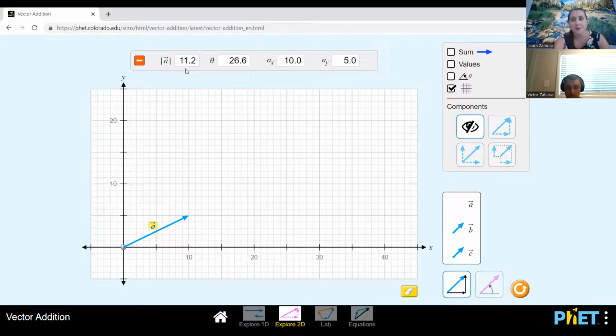Enter trig. Woo! But I want to show you really quickly how we add vectors together graphically, right? I was telling you that we'll add them tip to tail. So when we drop in another vector, we'll put it in so that the tip of the first arrow meets up with the tail of the next arrow.